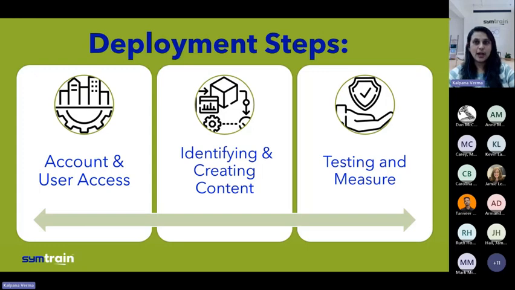So if I have to combine everything, these are the three major steps. Deployment steps are majorly divided into accounts and user access. Now, accounts and user access with SymTrain is really very easy, because people who have already been using SymTrain would know it.